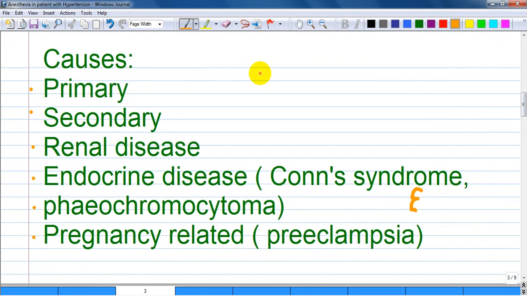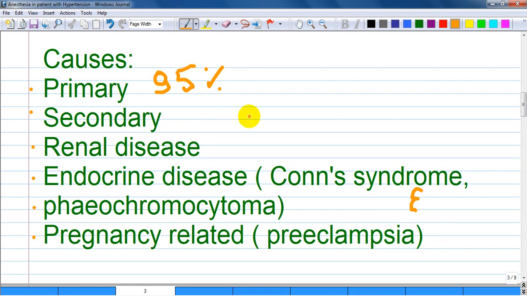What are the causes of hypertension? We know two main types, primary and secondary. Primary occupies around 95% of hypertension. It is idiopathic, as the cause is unknown, and secondary is from an organ or system of organs that contributes to the increase of blood pressure.